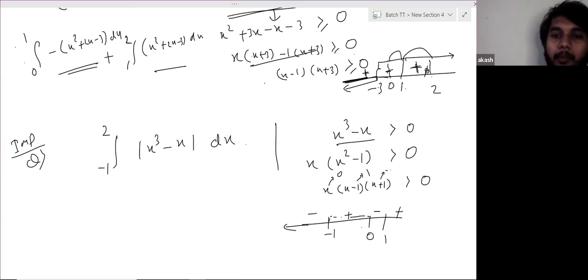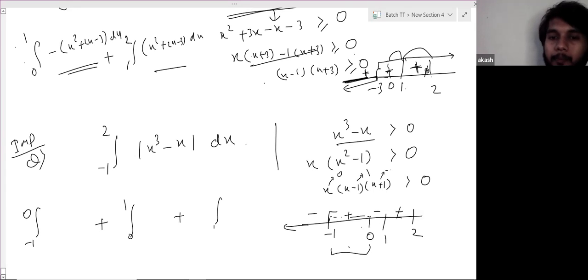Limits we have -1 to 2. So we have to break -1 to 0, then 0 to 1, 1 to 2.